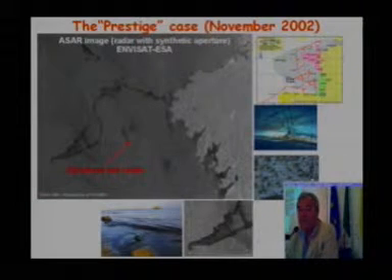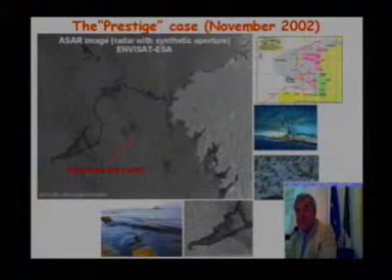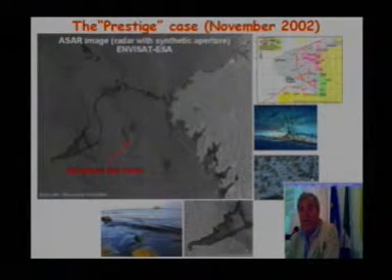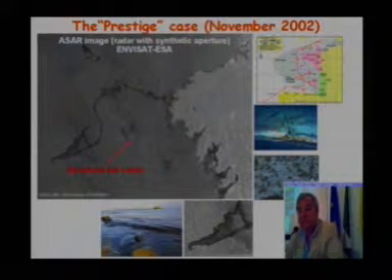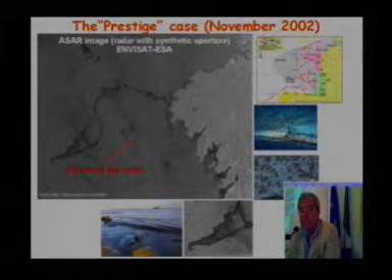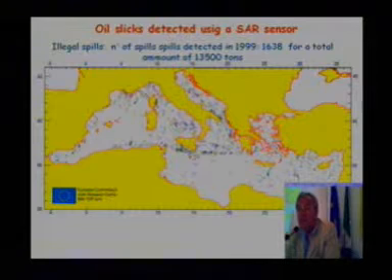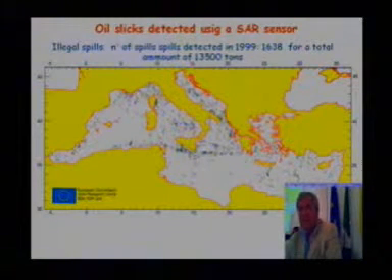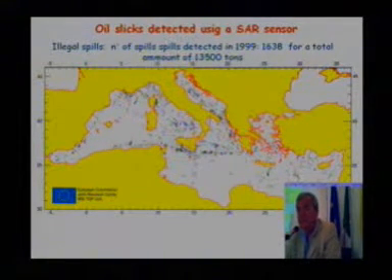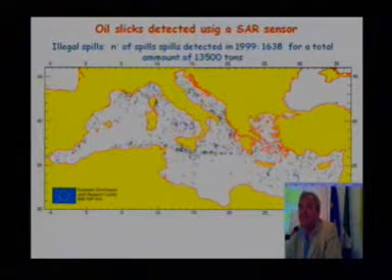This is a radar image acquired by a European Space Agency satellite, and we can see the shape of the thin film of oil on the sea. Based on this idea, we also have a number of documented oil spills that were detected in 1999.